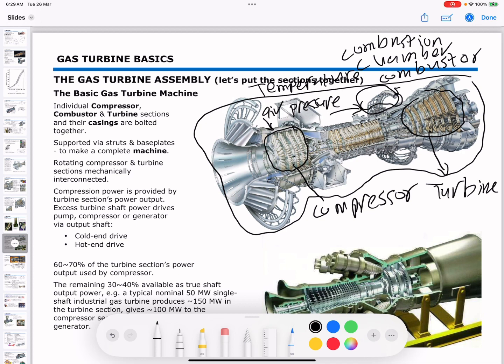In the combustor, the high pressure air from the compressor is mixed with the fuel. So here we have fuel injected inside, mixed with air, and ignited.